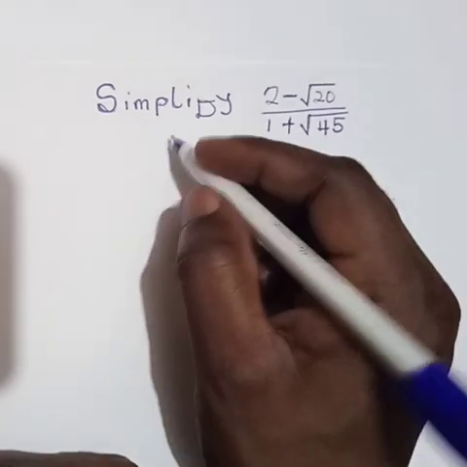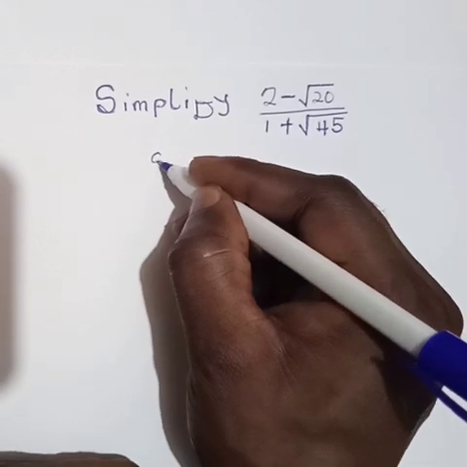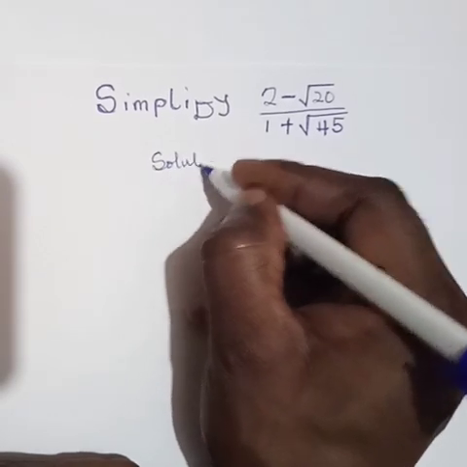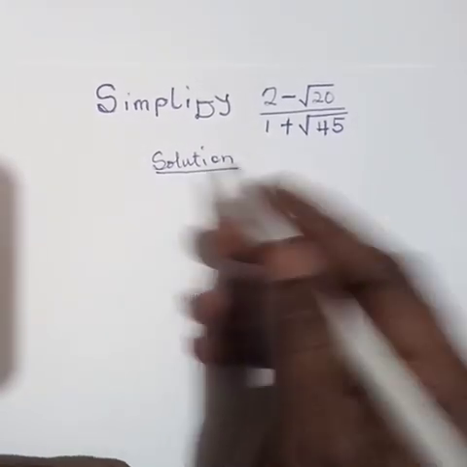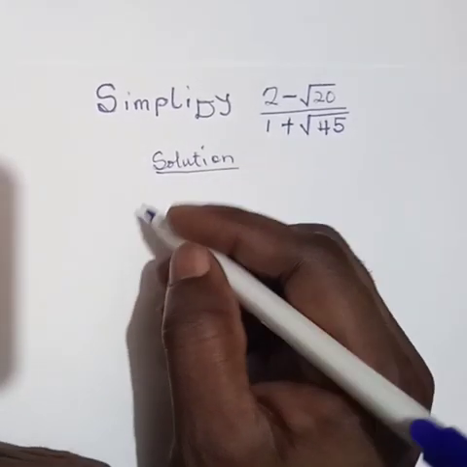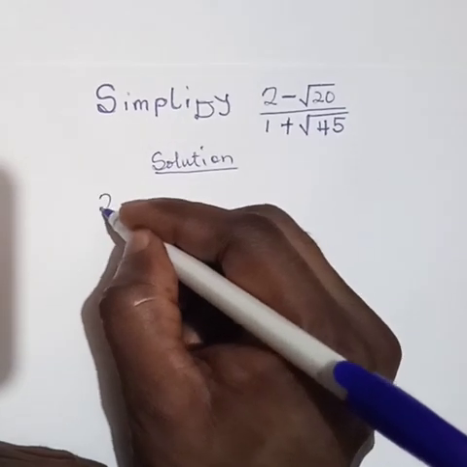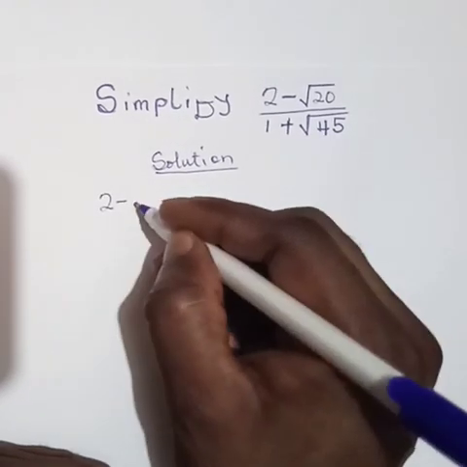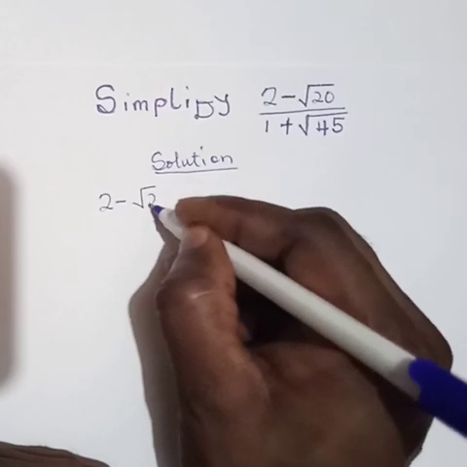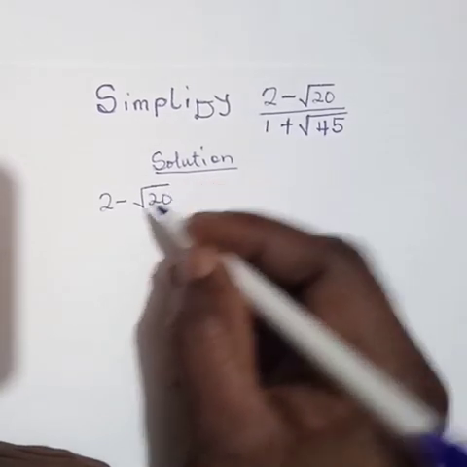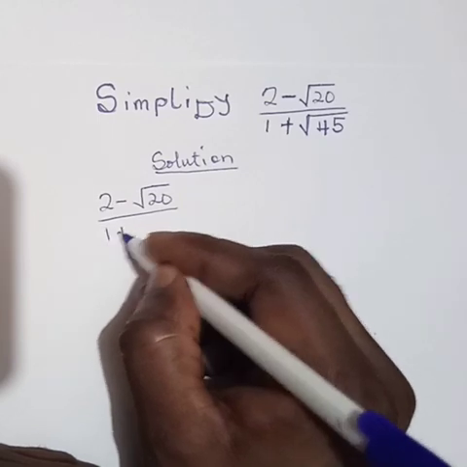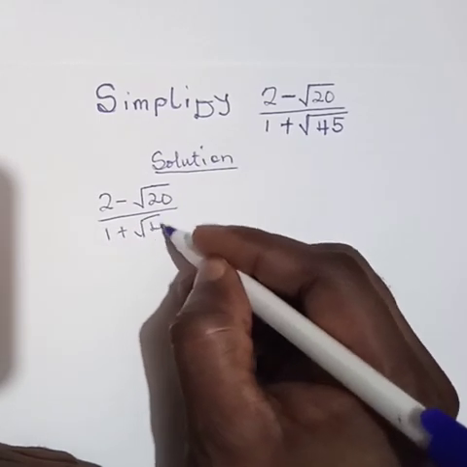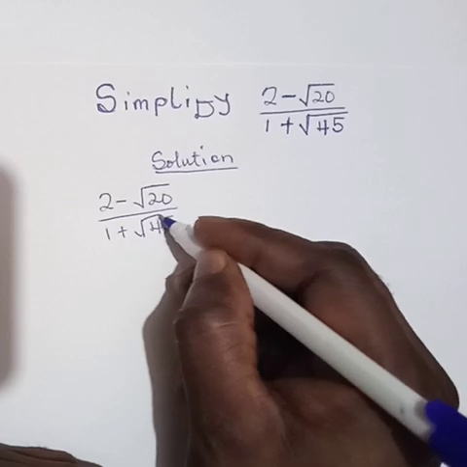Let me start by writing my solution. Let me copy the question again. So we have 2 minus square root of 20, all divided by 1 plus square root of 45.